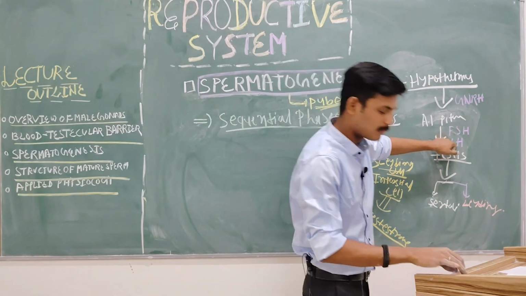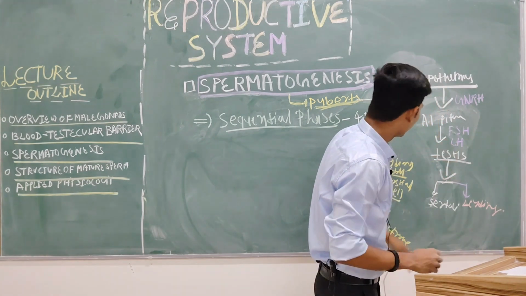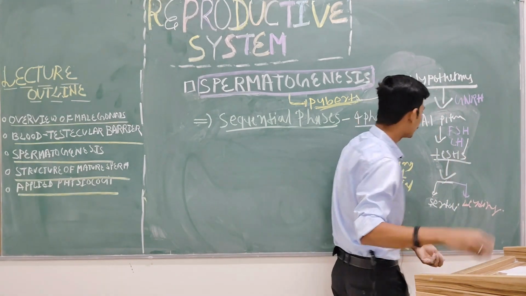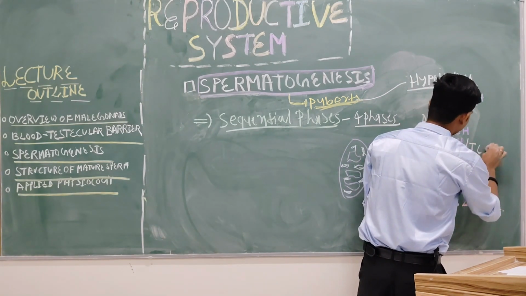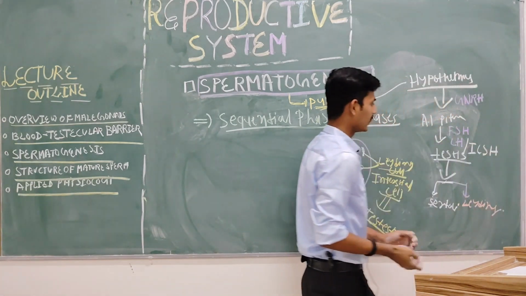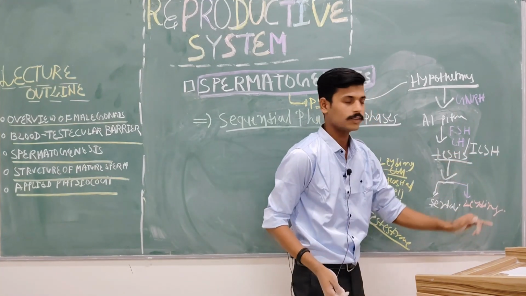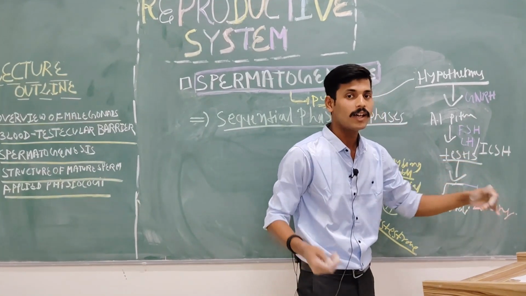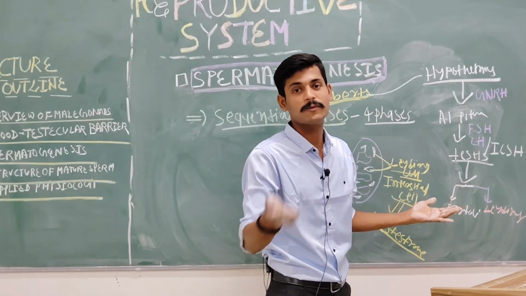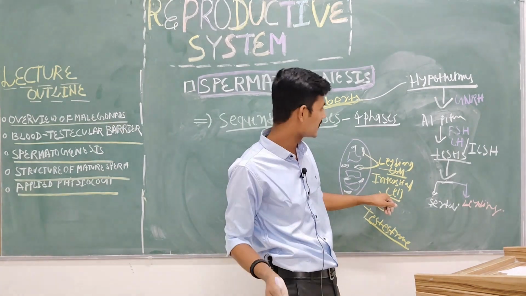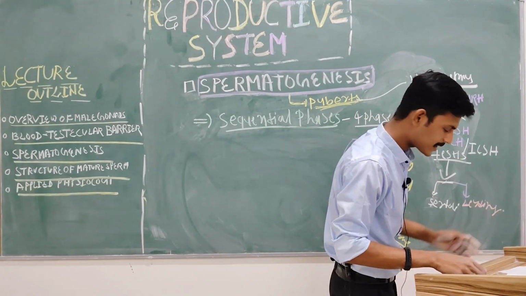But here there is one problem. This LH is just a bit different in the name. It is called ICSH, interstitial cell stimulating hormone. And who is the interstitial cell, which we forgot to discuss? That's our Leydig cell, also called the interstitial cell. So it's easy to understand.